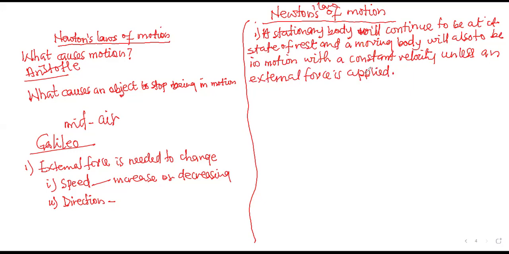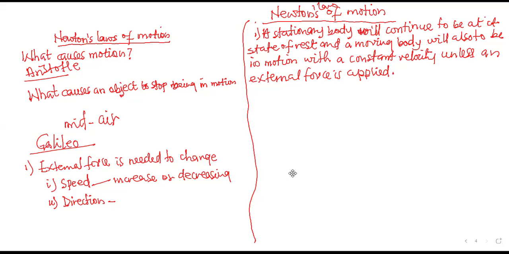What Newton is saying is that if you are at rest, you will continue to be at rest. And when you are in motion, you also continue to be in motion with a constant velocity unless an external force acts on you.